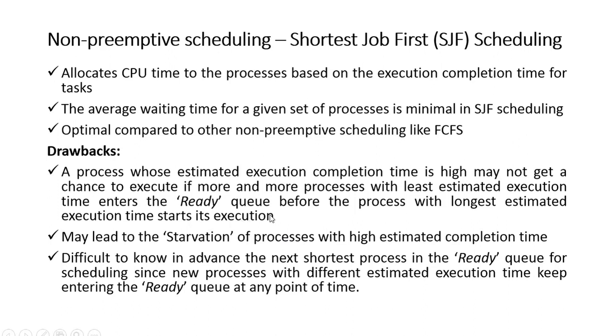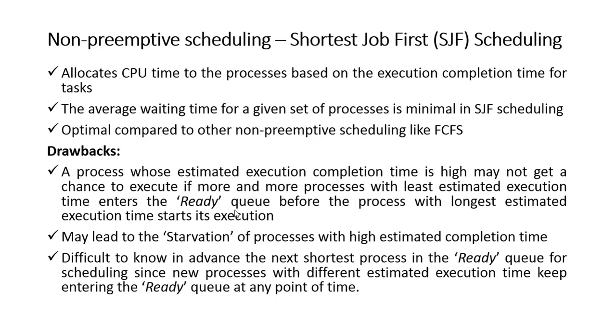Since it is a shortest job first scheduling algorithm, if more processes with short execution time keep entering the ready queue, the process with the longest estimated execution time will not get CPU time for execution. That is the drawback.